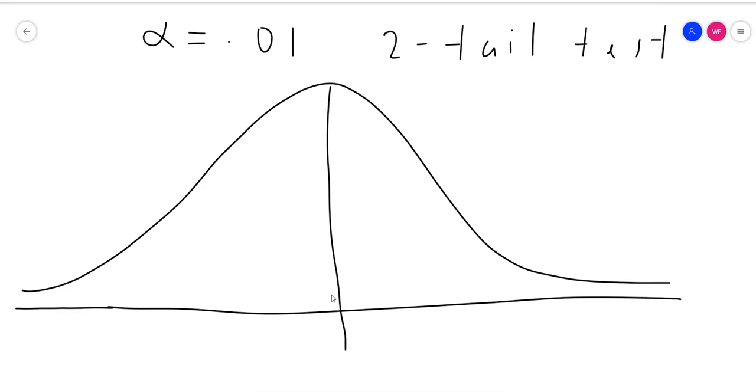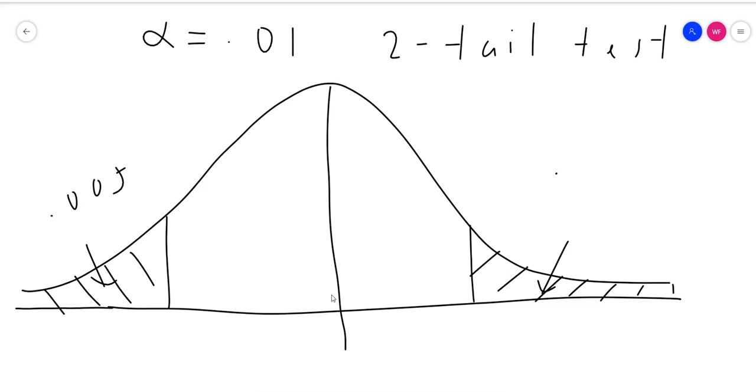Now with alpha equals 0.01 with a two-tailed test, half of 0.01, the area of this region, is 0.005, and the area of this region is also 0.005. And this value right here on the edge of that is called the critical t-value.